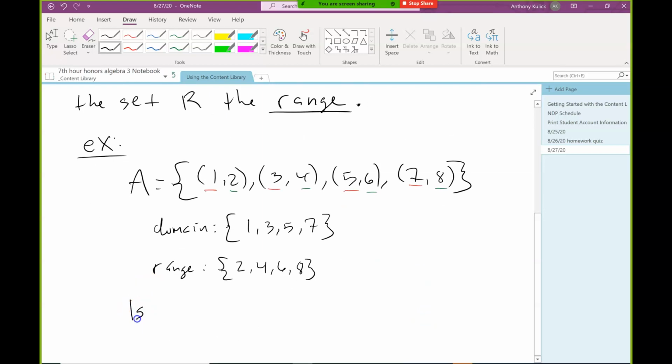So we might ask ourselves, is 1 a member of the set A? Is 1 part of that relation? What do you say here? Anybody with an opinion?